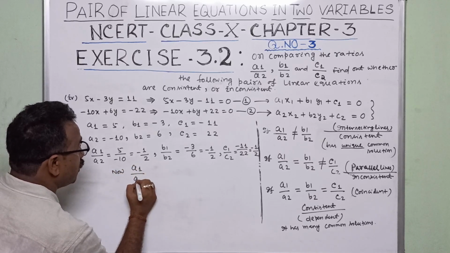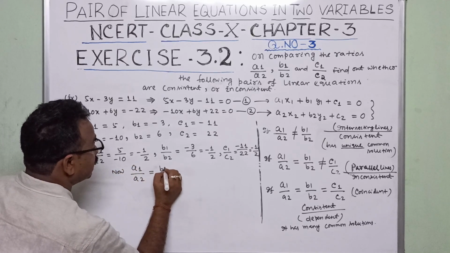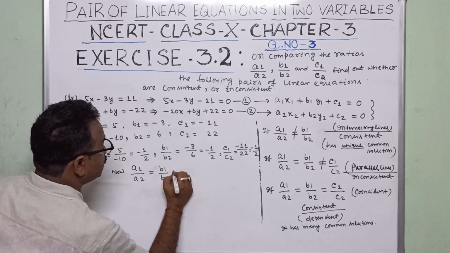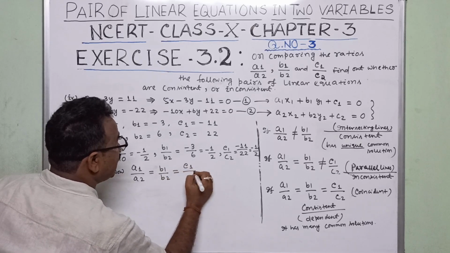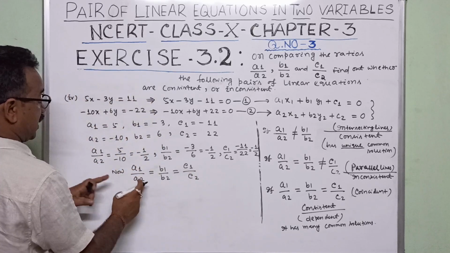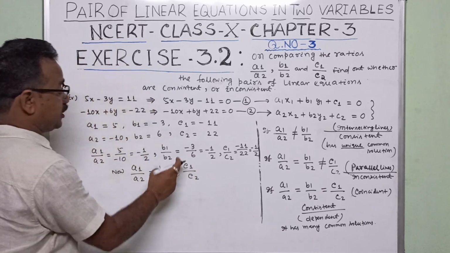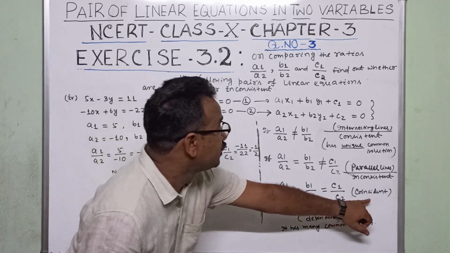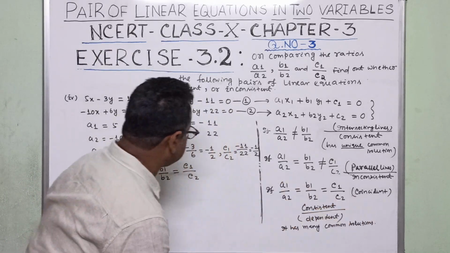So A1 by A2 is equal to B1 by B2 is equal to C1 by C2. Which case? Coincident lines. Coincident means consistent, because they are equivalent equations.